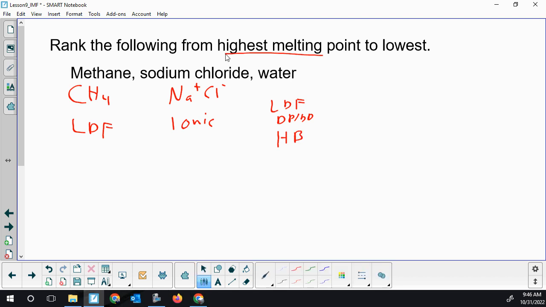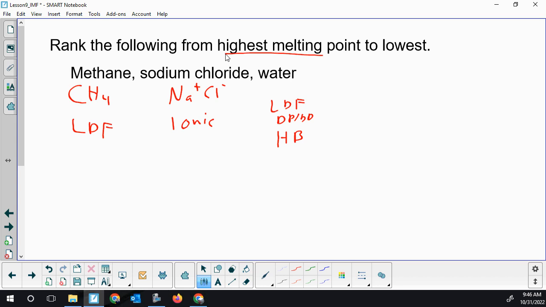If we had multiple ionic compounds, we would use lattice energy to separate them out, their charges and their size. But we only have one ionic. Now, are ionic compounds really high or low? You did a lab in Science 10 probably, where you might have put these molecules and ionic compounds on a hot plate to see when they'd melt.